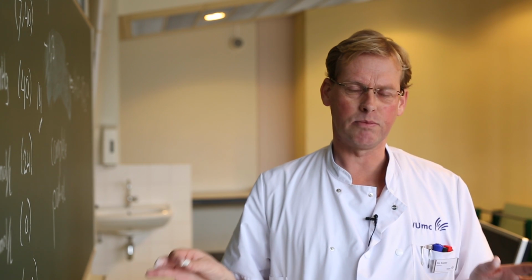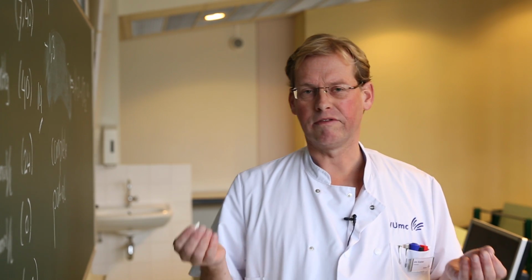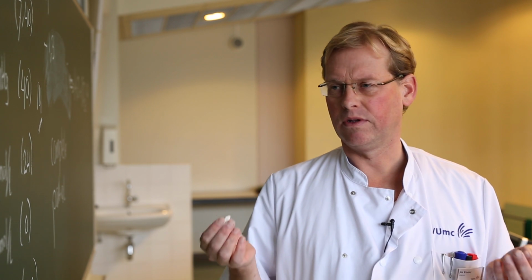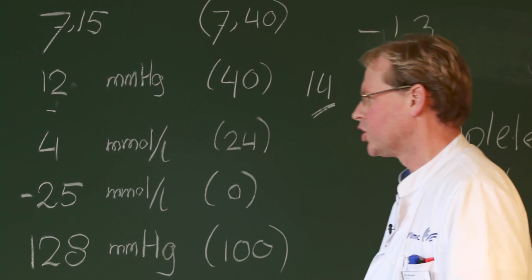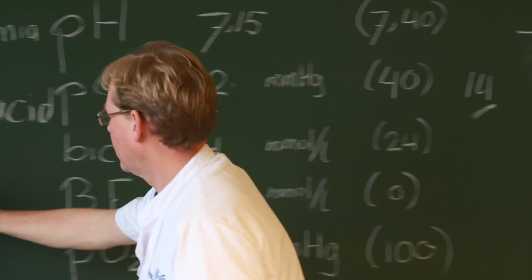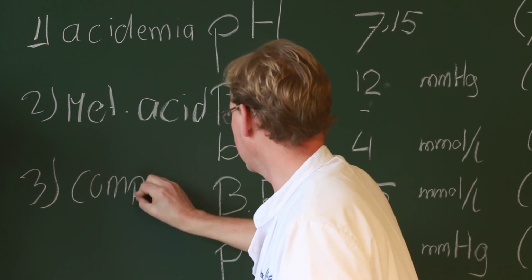That's not good for this boy. We call it partial compensation, which means that this boy is in danger. A young vital boy should be able to compensate completely normally. And then he doesn't. In this case he does. So we call it step 3, complete compensation.